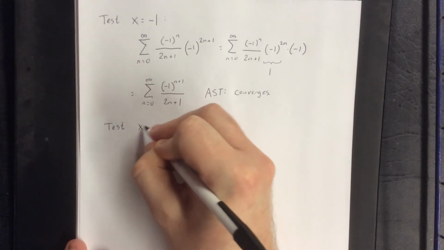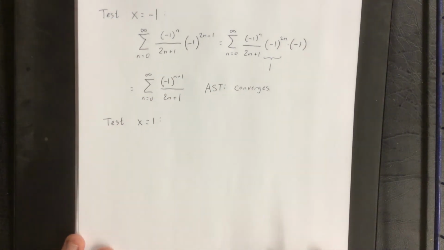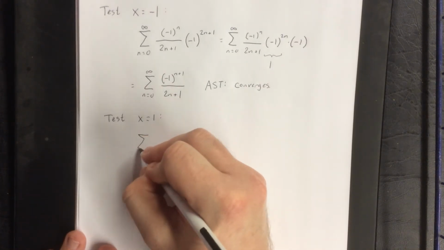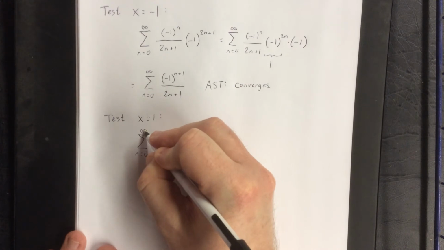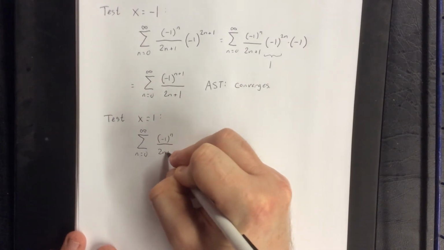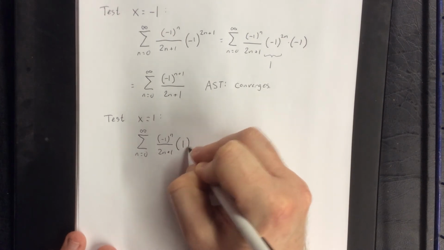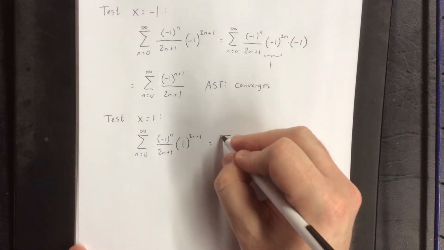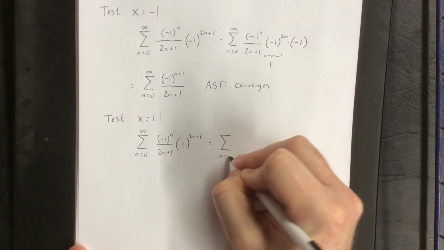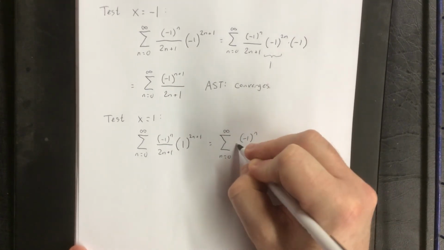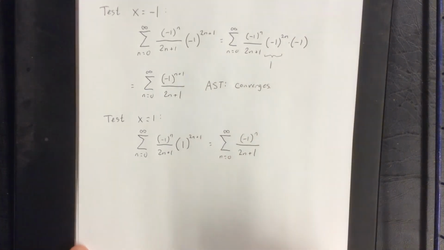Next, let's test x equals positive 1. For x equals positive 1, we're going to get the sum from n equals 0 to infinity of negative 1 raised to the nth power over 2n plus 1 times 1 raised to the 2n plus 1 power. But 1 raised to any power is simply going to be 1, so we can express this as the sum from n equals 0 to infinity of negative 1 to the nth power over 2n plus 1.